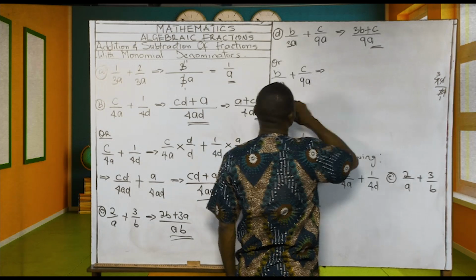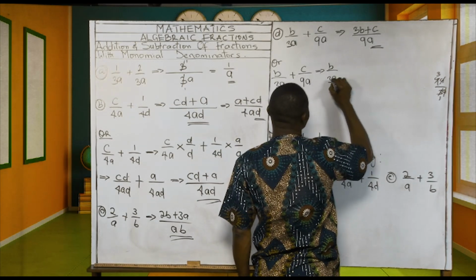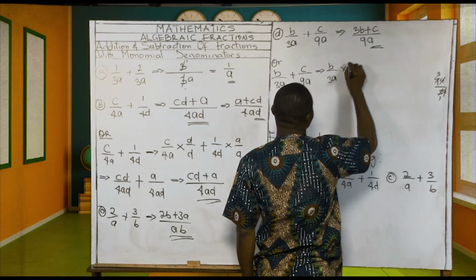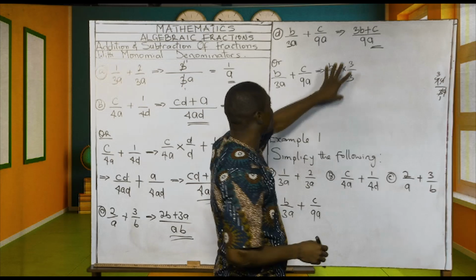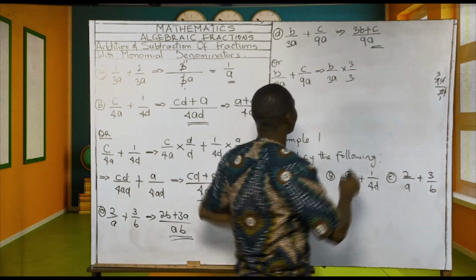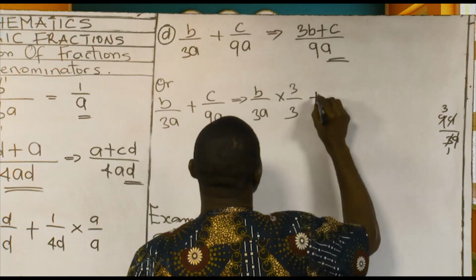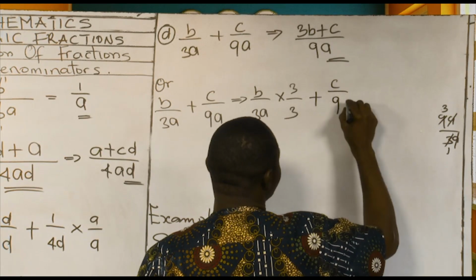You can say this gives us B over 3A multiplied by 3 over 3. These are equivalent fractions of this, plus C over 9A.